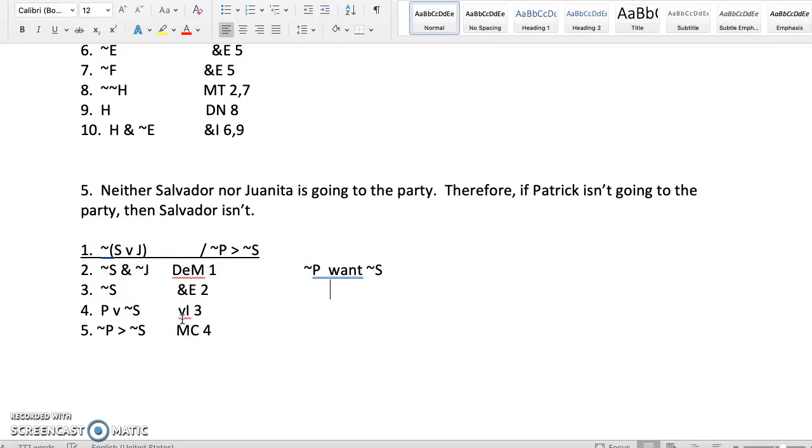So now you'd probably next have to try to do S for reductio, and then you could do the De Morgan's, not S and not J, by De Morgan's of 2, and then you could do not S by itself by conjunction elimination, and then you could get S by reiteration. So you could do it this way, but you can see it's a lot easier to do this way.